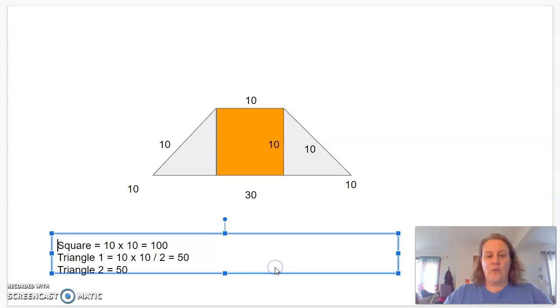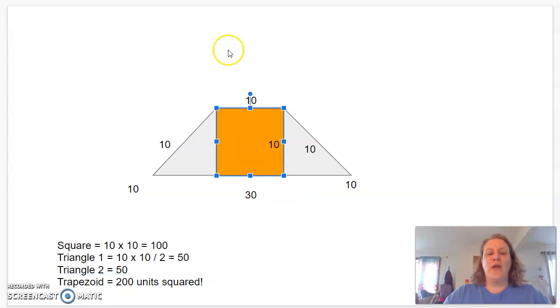So the trapezoid is 200 units squared. All right, so just breaking a trapezoid into parts that we know how to find easily, like squares or rectangles and triangles, we can decompose our trapezoid, figure out the area of those things, and then add them back together.